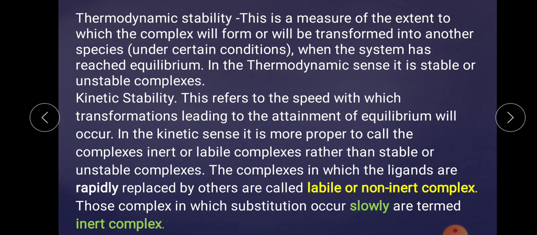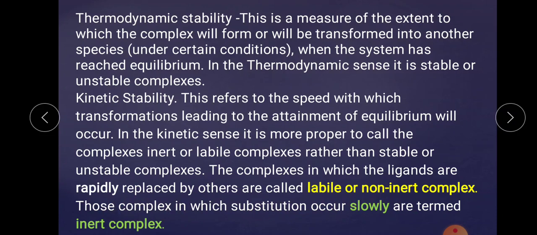Now, when we are considering thermodynamically stable or unstable, the complex which is stable under thermodynamic conditions is considered a stable complex, and the complex which is unstable under thermodynamic conditions is declared an unstable complex. But in kinetic stability, the naming of stable and unstable complexes is replaced by labile and inert complex.